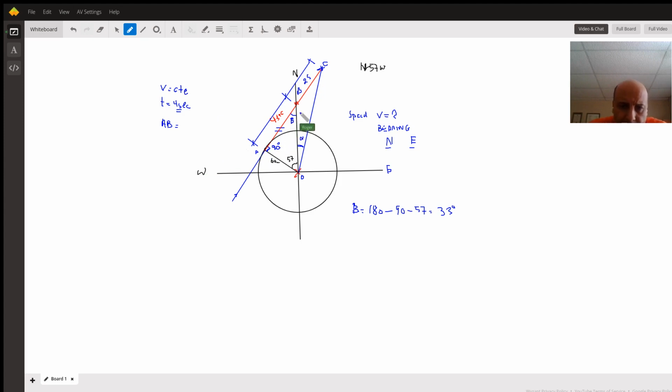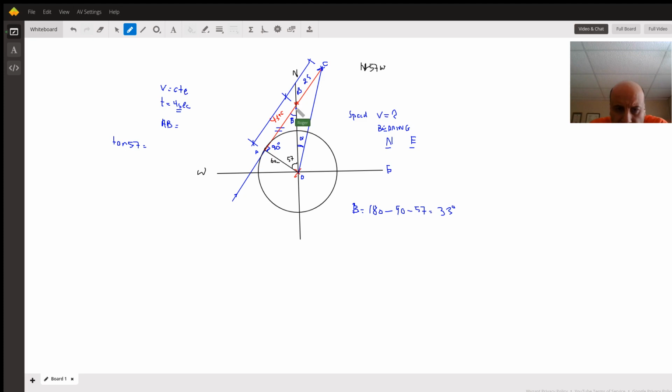First of all, let me go back and compute AB. If you use this right angle triangle OAB, and take the tangent of 57, it's equal to opposite over adjacent, right?